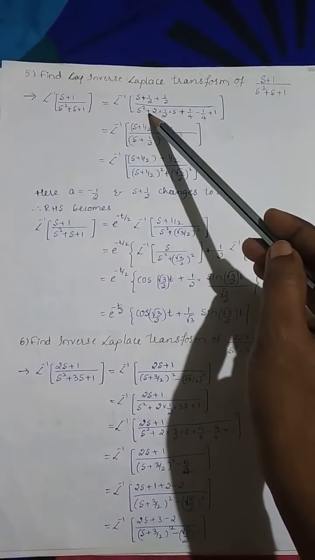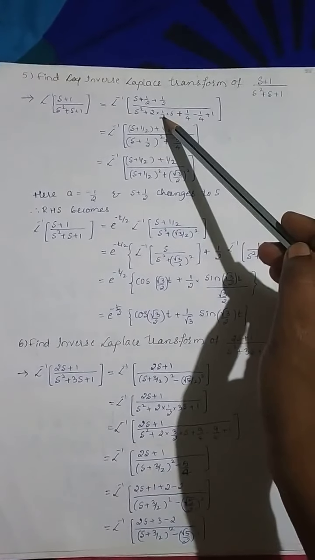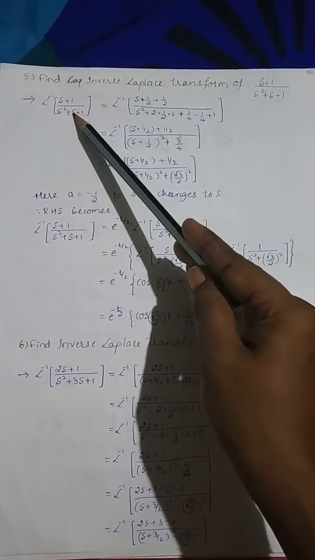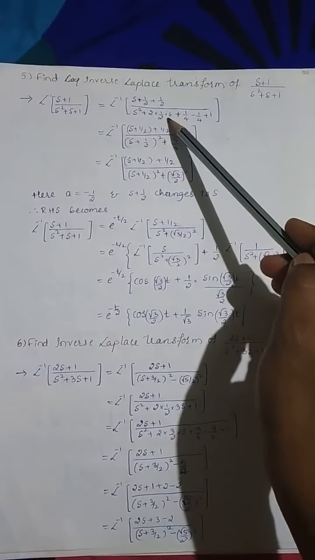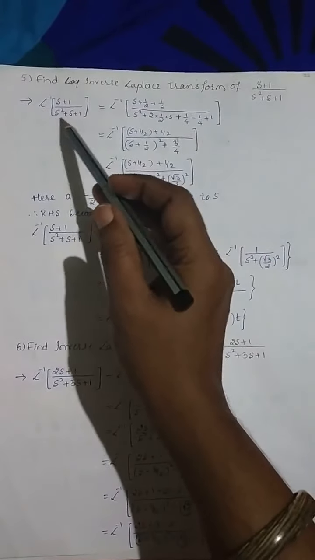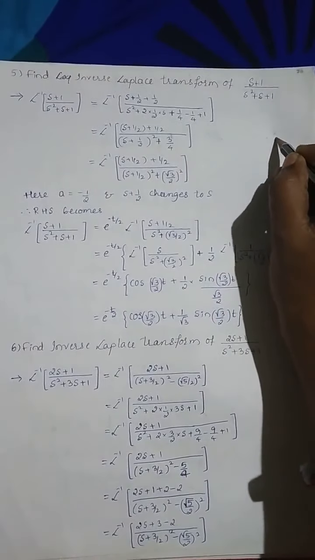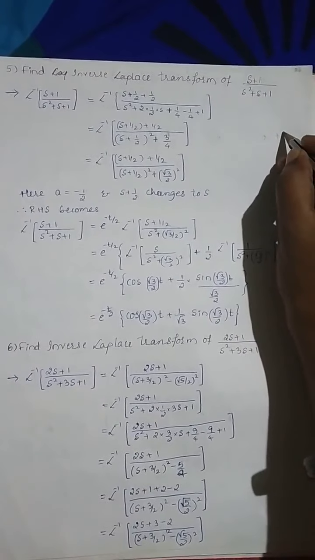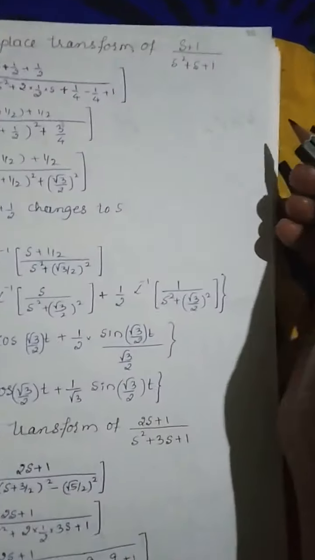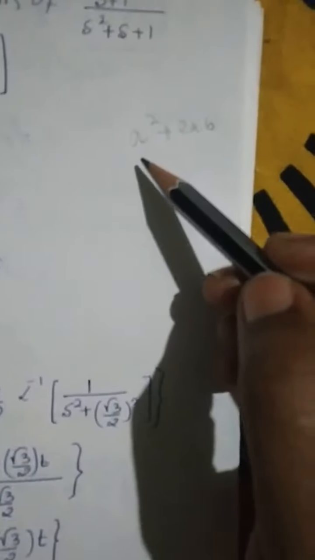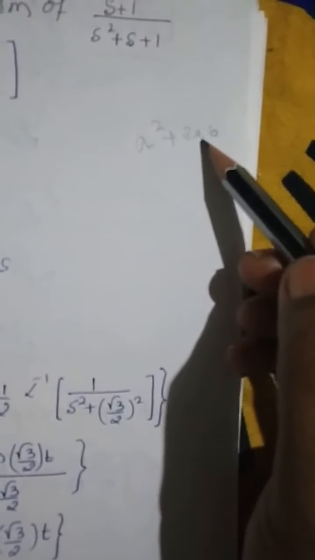That is s square plus 2 into 1 by 2. I just multiplied and divided by 2 to the s term, multiplied and divided by 2s. That means what? S square plus s, I have written it as a square plus 2ab.